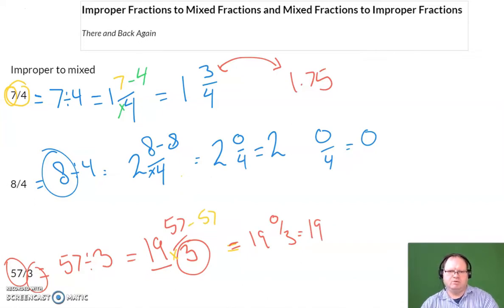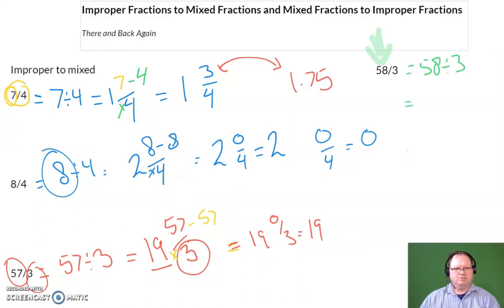But I want to do one more. So I'm going to do 58 over 3. So really, it is 58 divided by 3. As we found out before, 58 divided by 3 is going to be 19 and some decimal places. So the answer is 19.